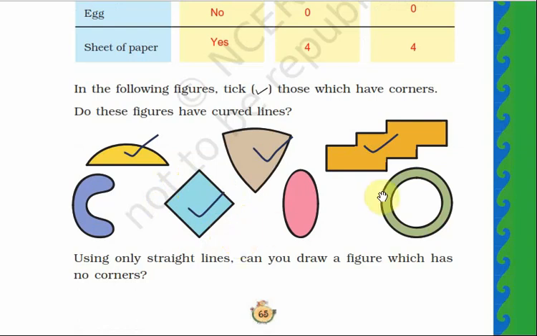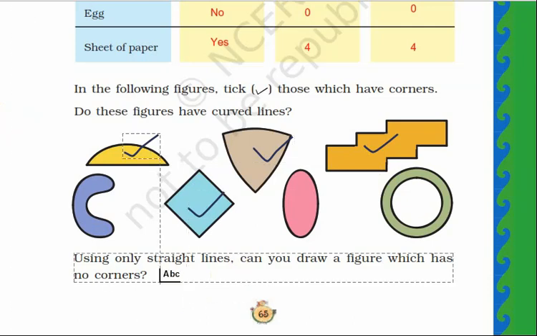No, it is not possible. Here also this figure is made of straight lines. So when you make a figure using straight lines only, it will make corners. So the answer is, you can write the answer here. No, you cannot draw a figure which has no corners using only straight lines.